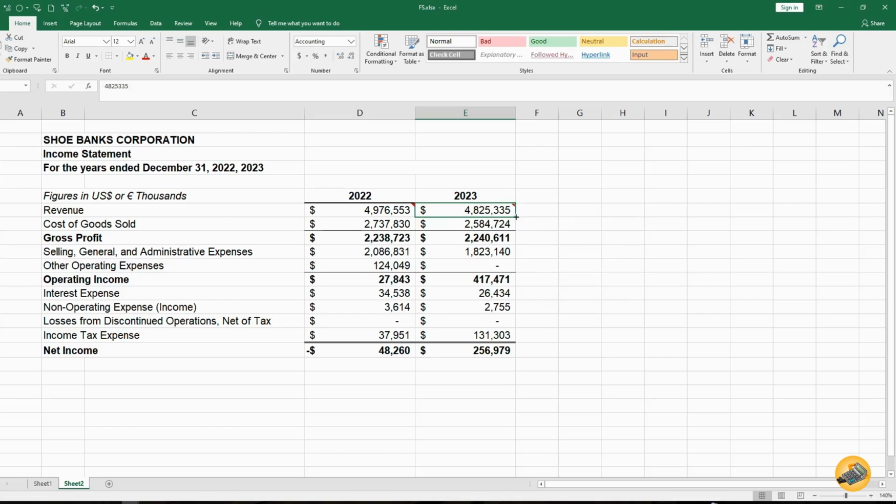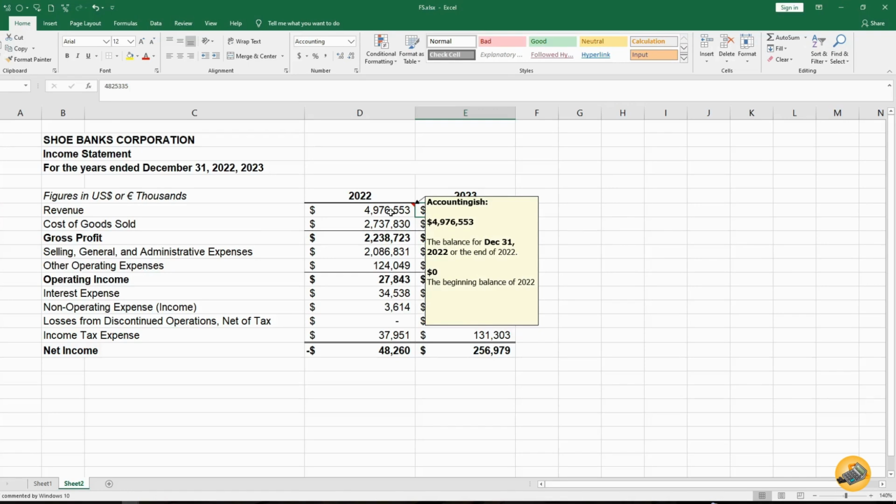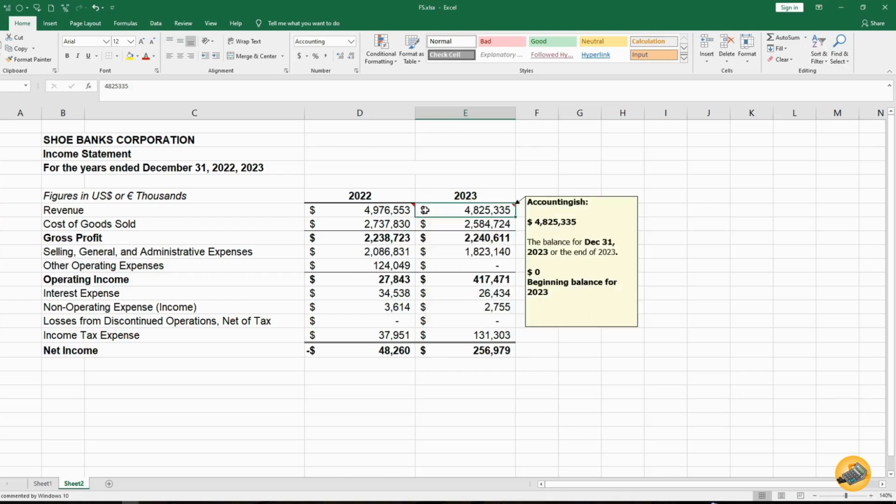At 2023, the next accounting period, we're going to start with a revenue of 0. From 0 to 4,825,335. Unlike with the balance sheet earlier, where we just rolled the balances over to the next accounting period, here for the temporary accounts, that's why we call it temporary.